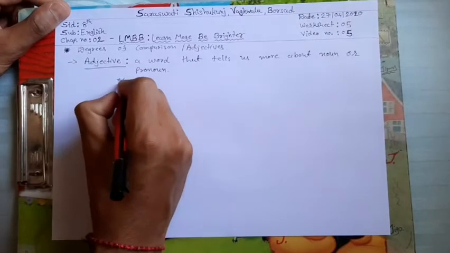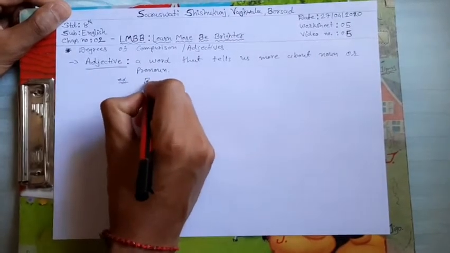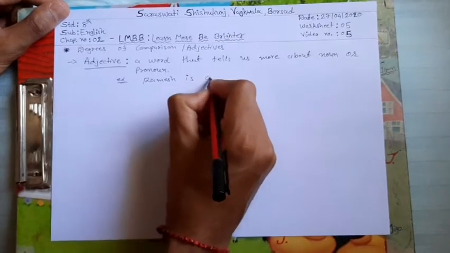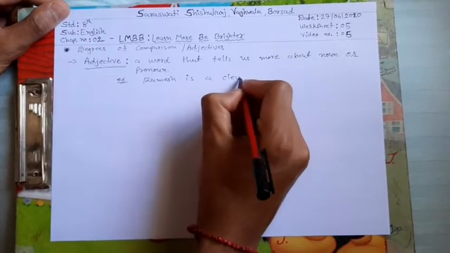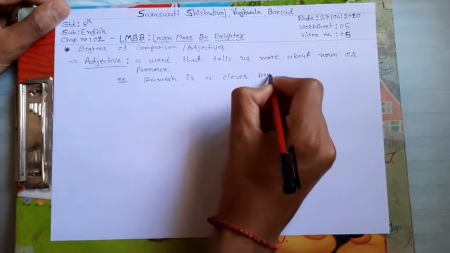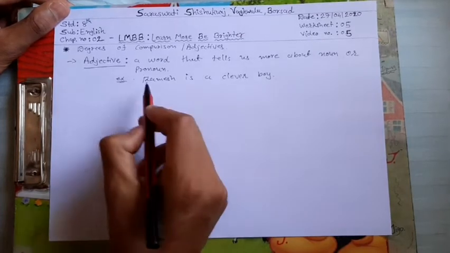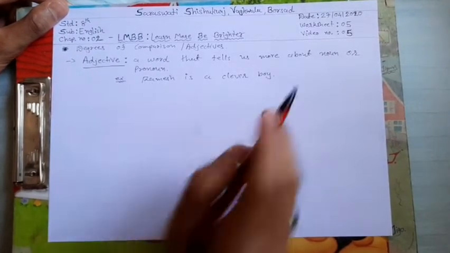For example, Ramesh is a clever boy. Here there are two sentences. The first one is Ramesh is a boy, a simple sentence.